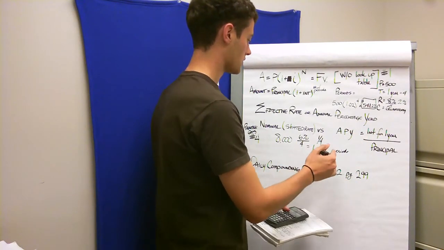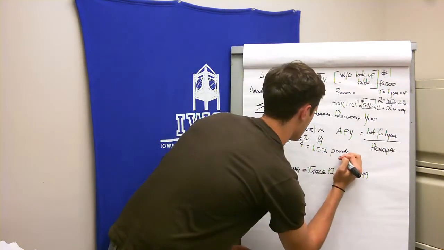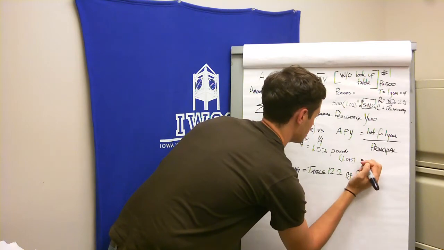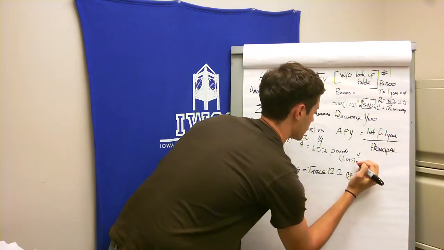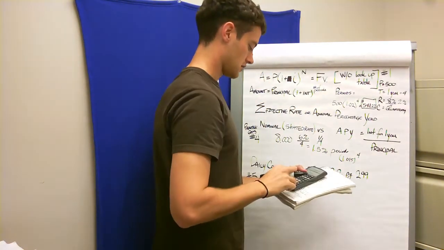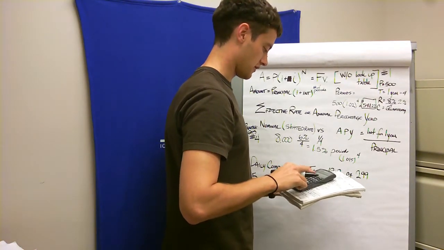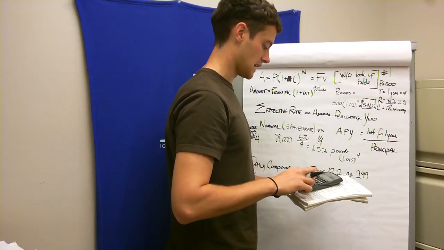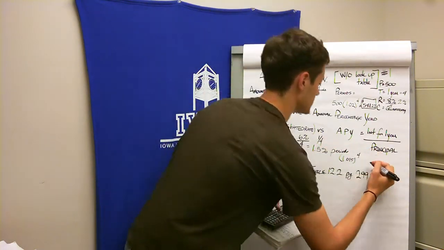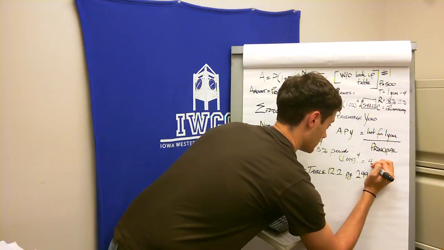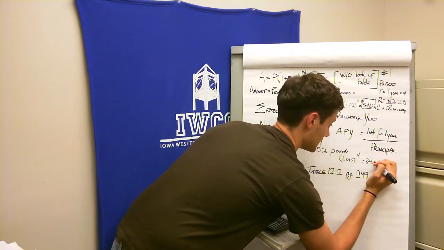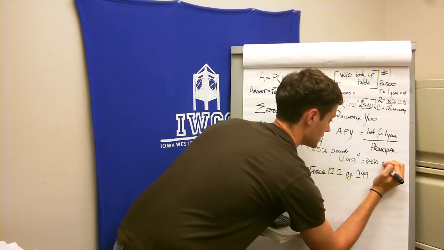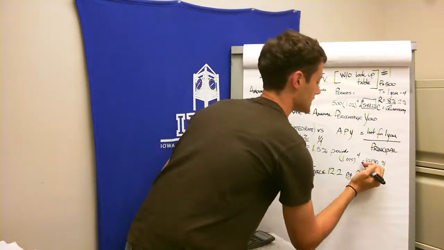So I can either go in my calculator: 1.015 to the fourth times 8,000. 1.015 to the fourth is 1.061364 times 8,000 equals $8,490.91.